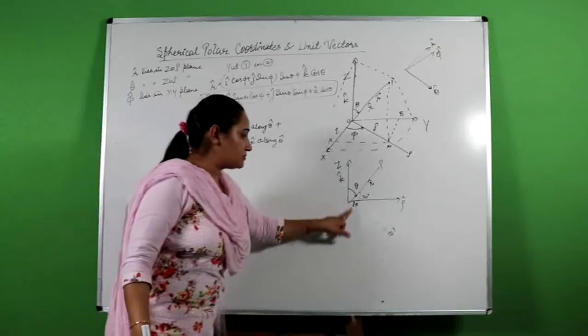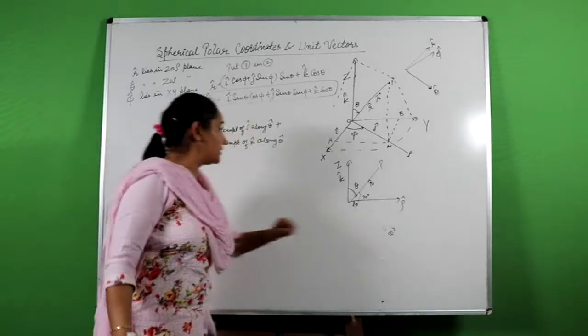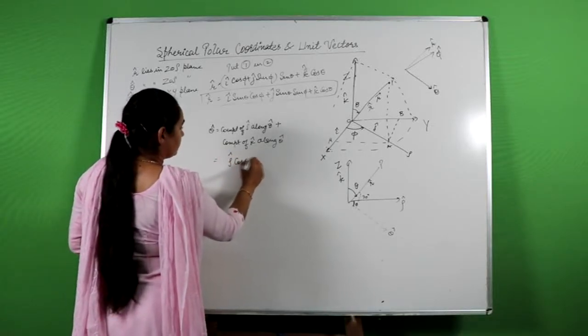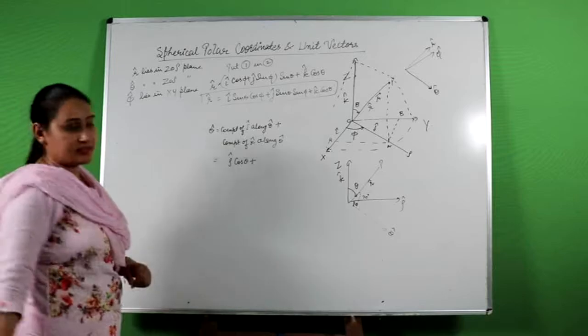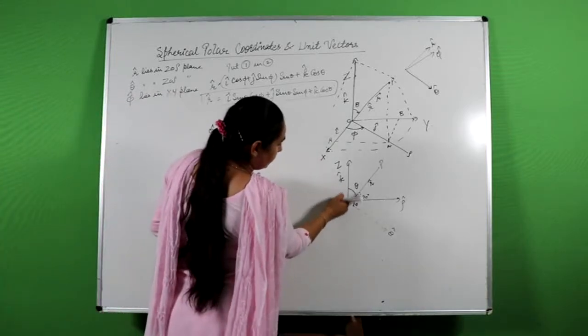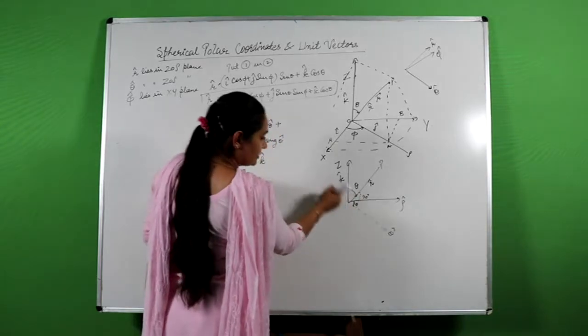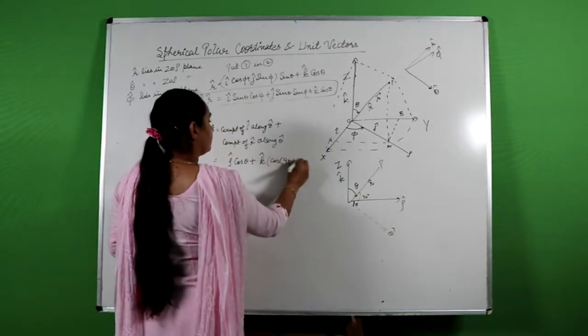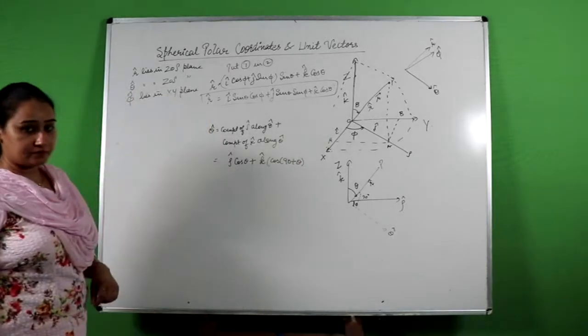Now rho cap is making an angle of theta with the theta cap, so I can write rho cap cos theta plus k cap, which is making an angle of 90 plus theta, so cos(90 plus theta).